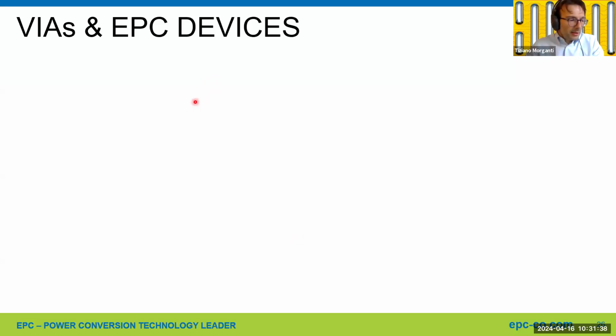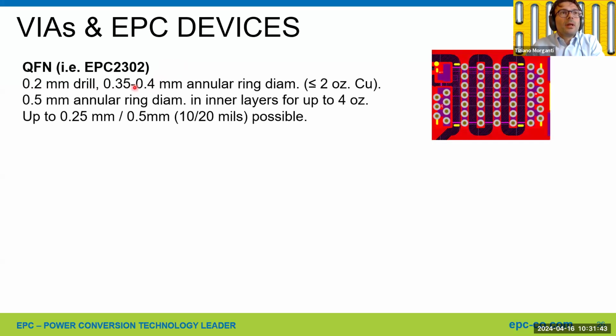Regarding how to use vias with EPC devices, we now have the QFN package, for example the EPC2302. We have 0.85 millimeter pitch between source and drain pads. So we can use the 0.2 millimeter drill and 0.35 or 0.4 millimeter annular ring diameter via with copper thickness up to 2 ounce, 70 micron.